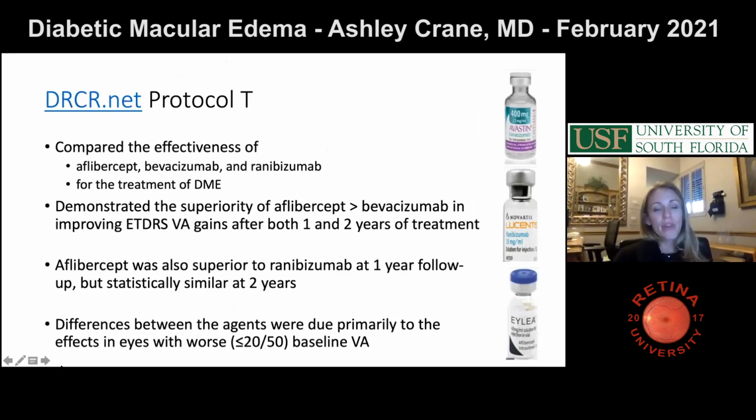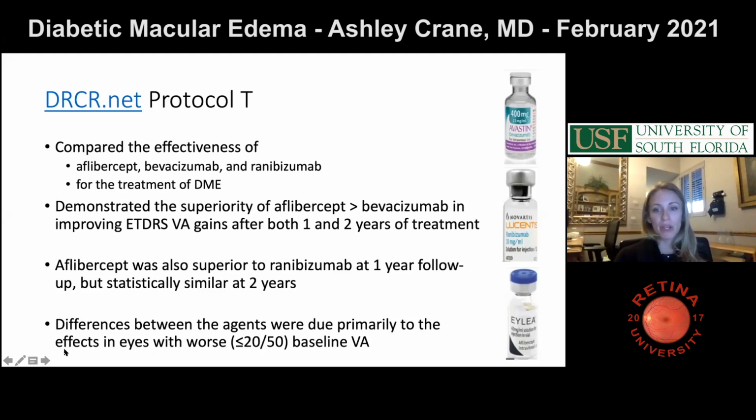The VIVID and VISTA studies really also helped to get FDA approval for aflibercept. And then we can go on to Protocol T, which really looked at our 3 main anti-VEGFs, aflibercept, bevacizumab, and ranibizumab, for the treatment of DME. It showed superiority for aflibercept over bevacizumab in improving ETDRS visual gains at both 1 and 2 years of treatment.